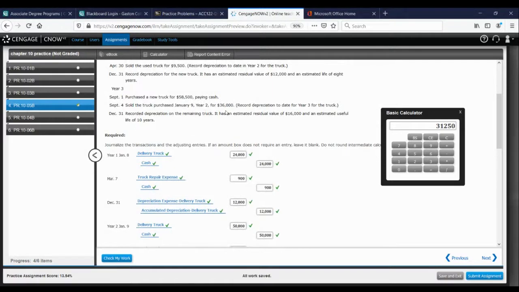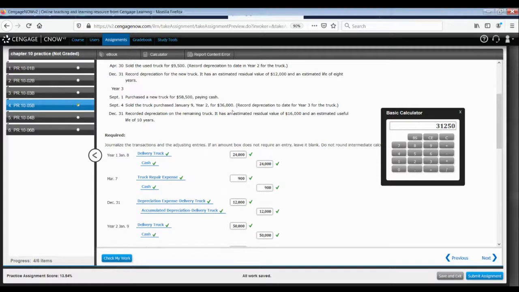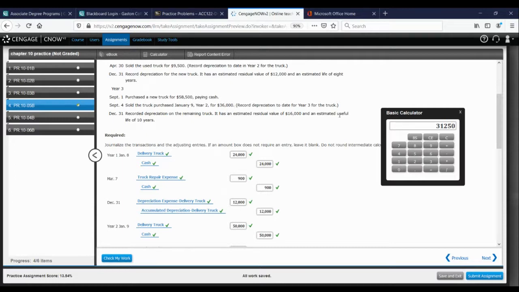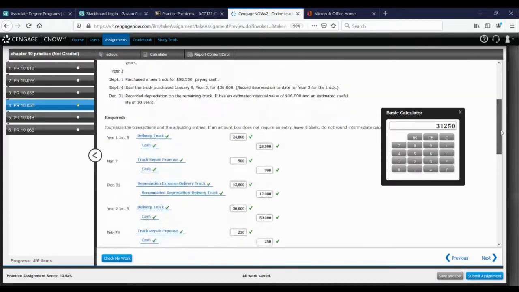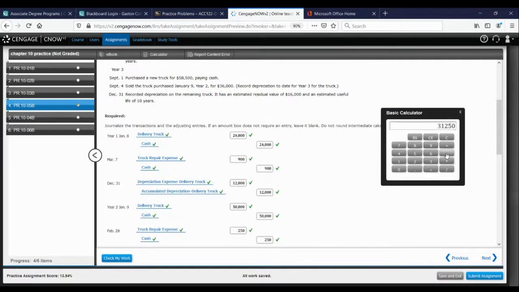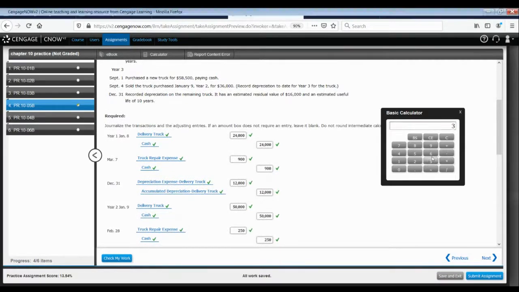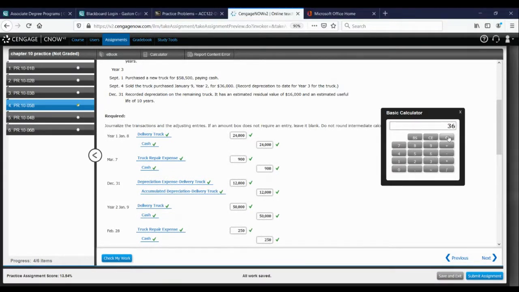We have to compare that to what we sold the asset for. We sold the asset at $36,000. So there's a difference between what we sold it for. We sold it for more money than what the book value was. Compare the selling price to the book value. The difference between those is a positive amount, or a gain, for the difference between $31,250 and $36,000.